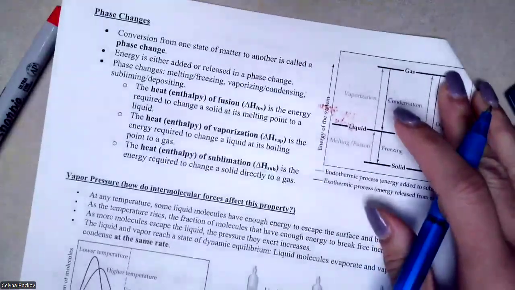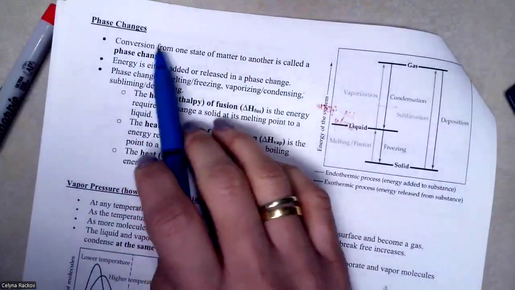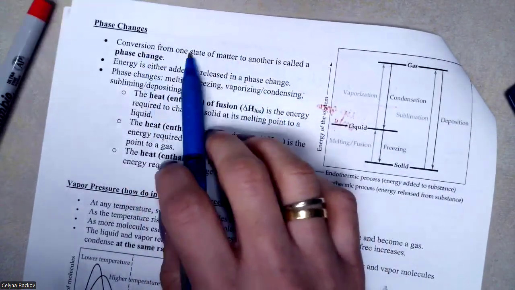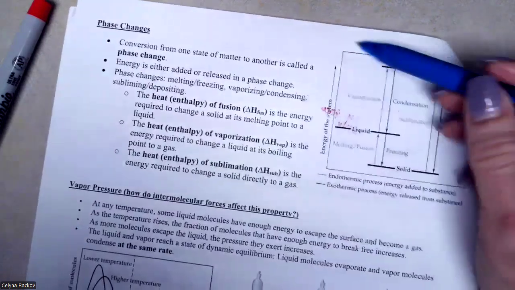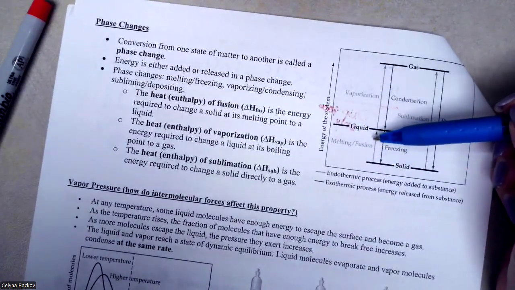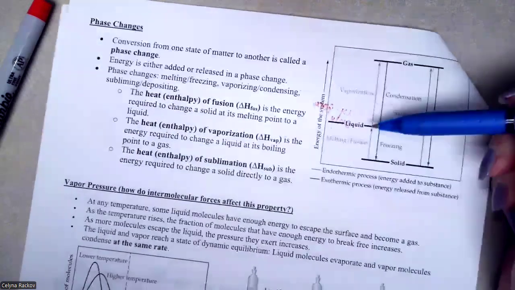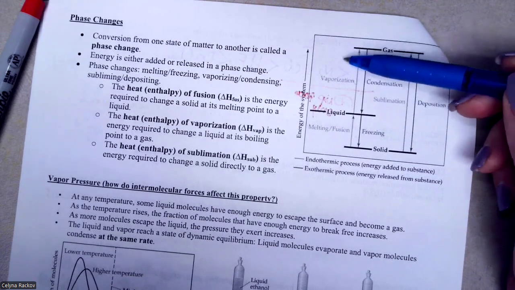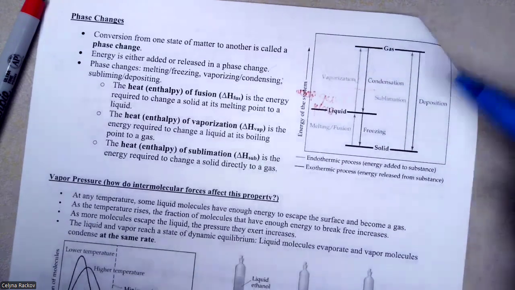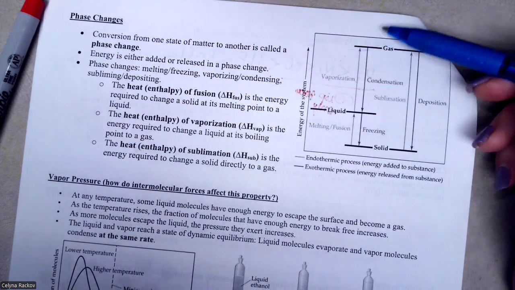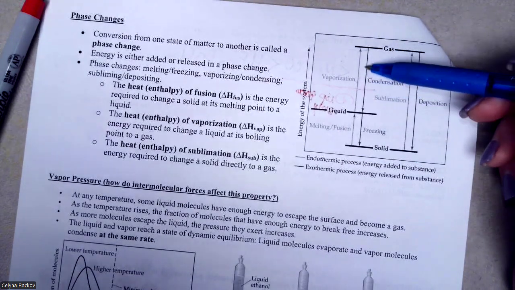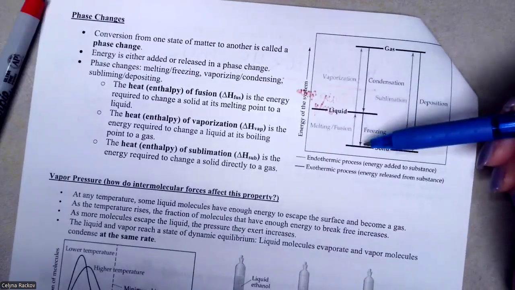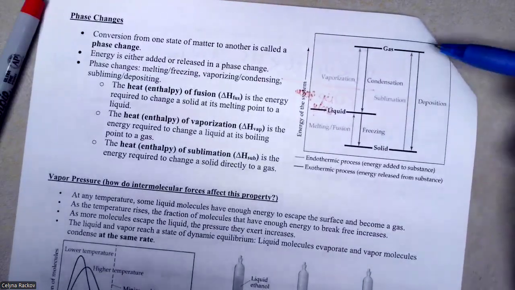Phase changes. Conversion of one state of matter to another is called phase change. From solid to liquid is called melting or fusion. From liquid to gas is called vaporization. Then they come back: from gas to liquid is called condensation, and from liquid to solid is called freezing.